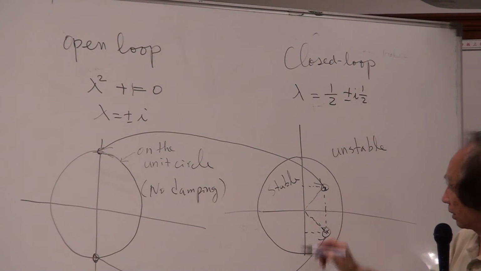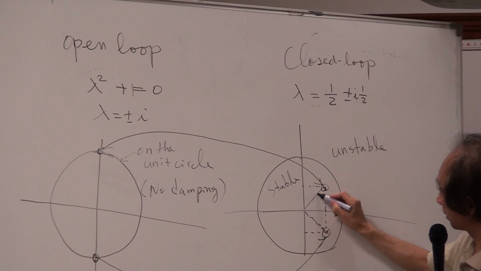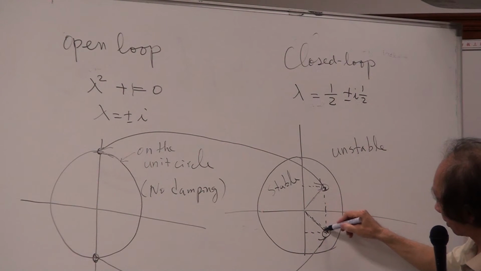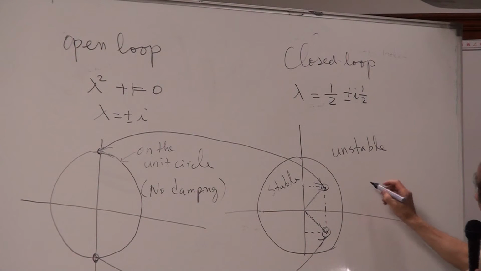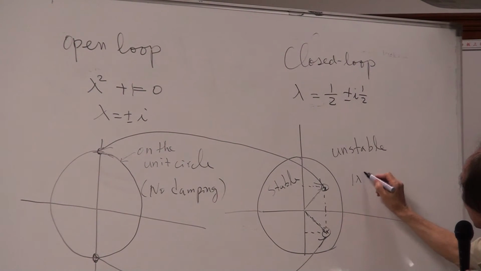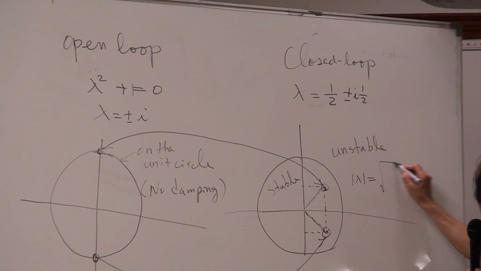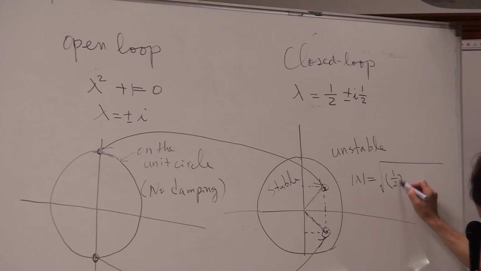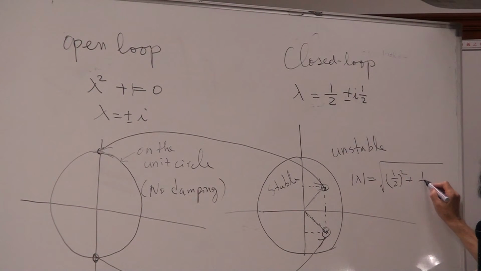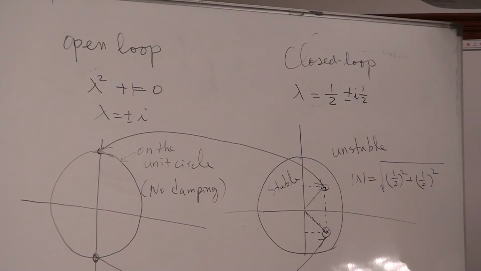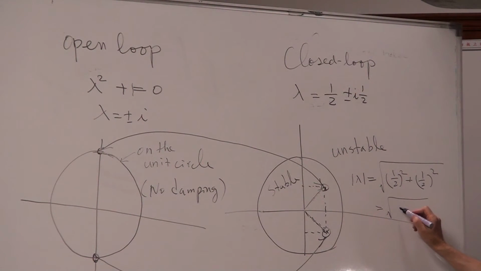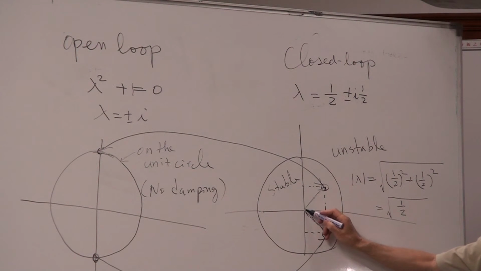If you look at the length of the eigenvalue, lambda length equal to the square root of 1/2 squared plus 1/2 squared, then that means square root of one half. So the length is square root of half.